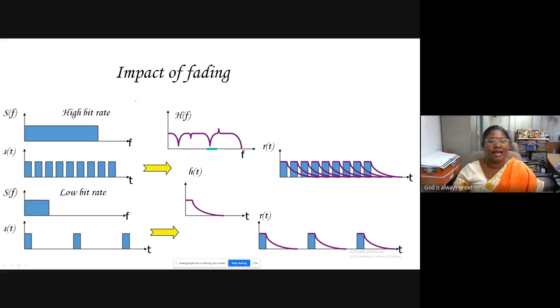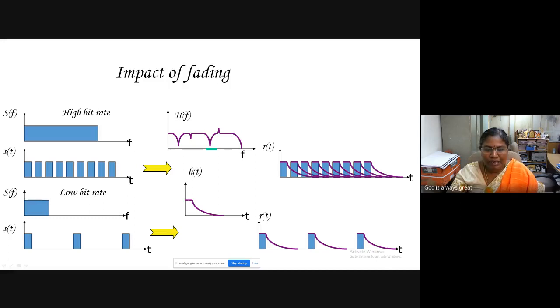The wireless channel is going to have an impulse response which is delay spreaded. So this is your h of t, the impulse response of the wireless channel for one impulse.